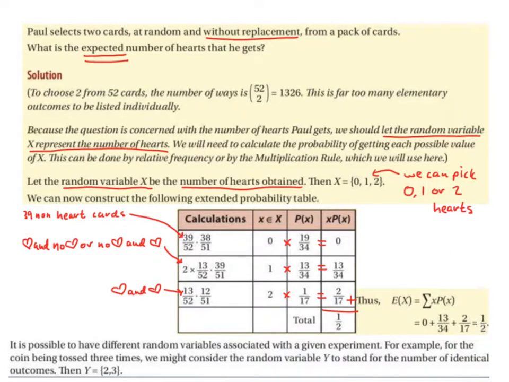This might seem a bit strange, because you might think, well, there's no such thing as half a heart or half a card. But if a survey was done on the number of children in a family in the Dublin region, for example, it might end up that 2.6 is the average number of children in families in Dublin.